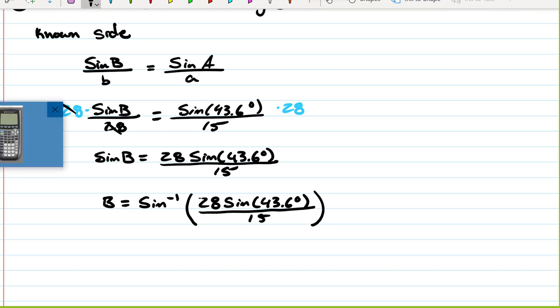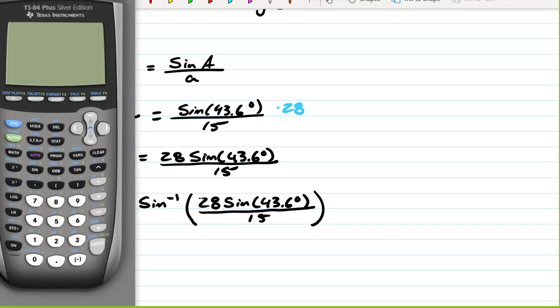So now it's calculator time. So we have the sine inverse of 28 times the sine of 43.6 over 15. That is correct, but I put my parenthesis in the wrong place.